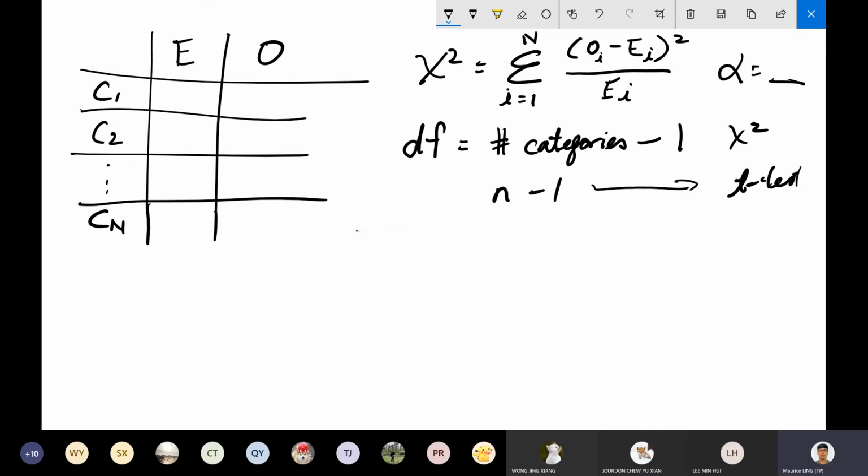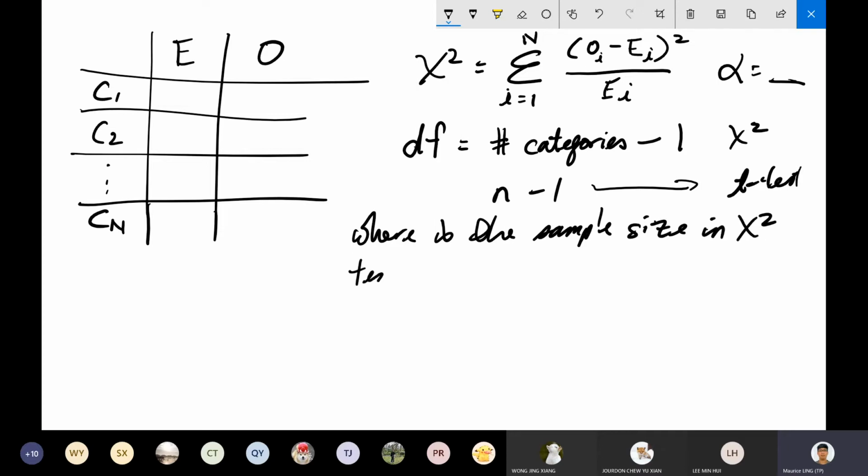Correct? But in this case, where is the sample size in your chi-square test? It seems to be totally missing here. Anybody start to realize this sample size n, it seems to be totally missing here.